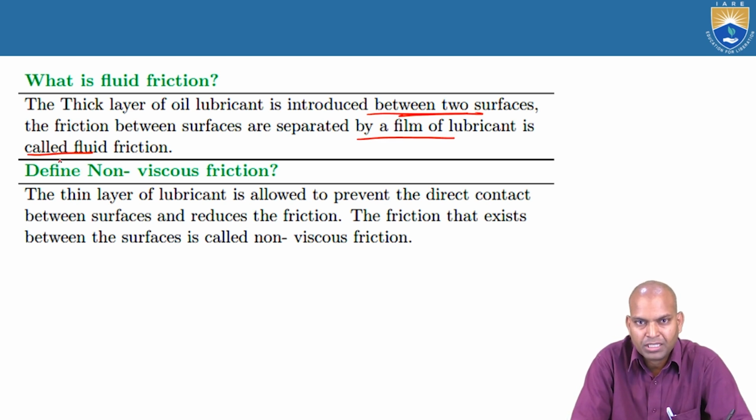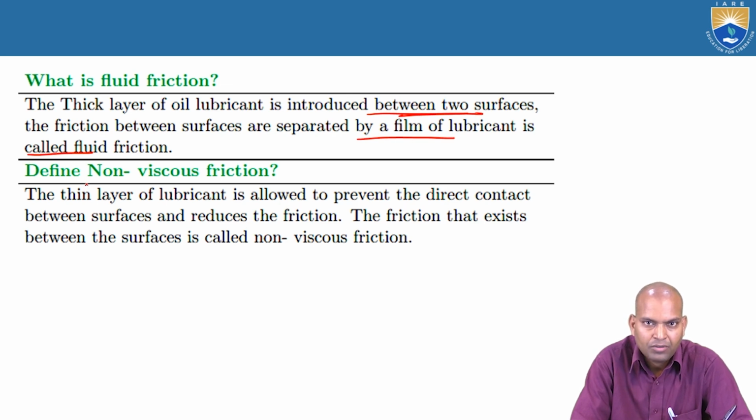What are the applications of fluid friction? In order to reduce friction, we apply a fluid. The value of the fluid friction is less than the value of the dry friction. Dry friction is between two dry, clean surfaces, where there is no fluid.